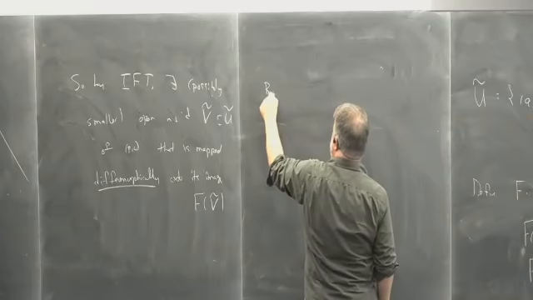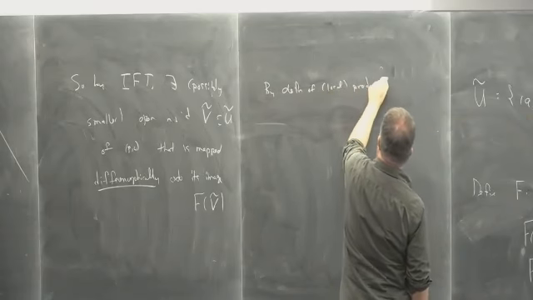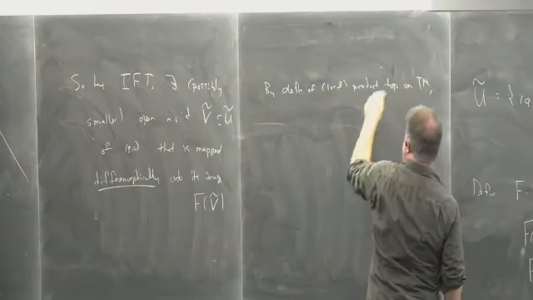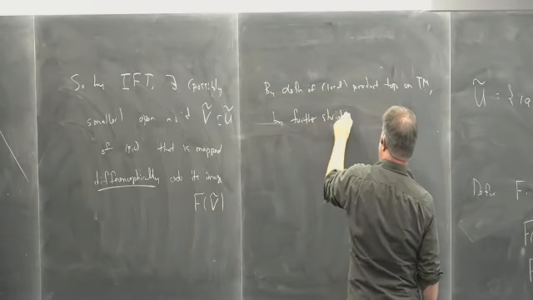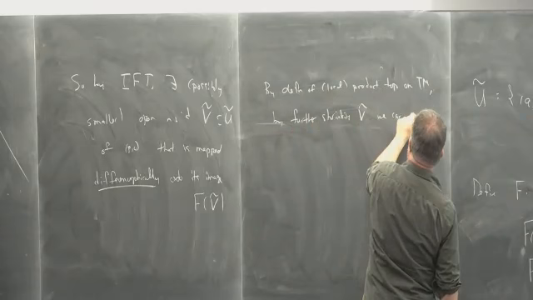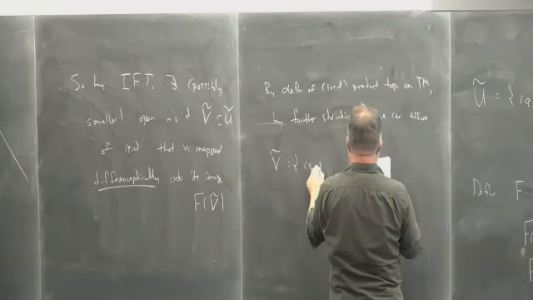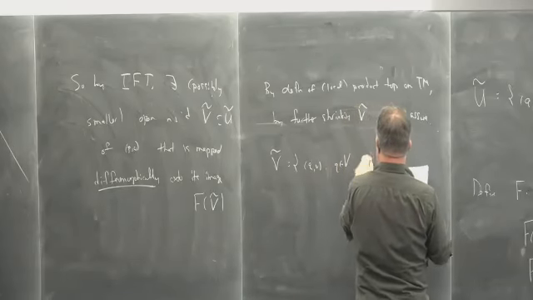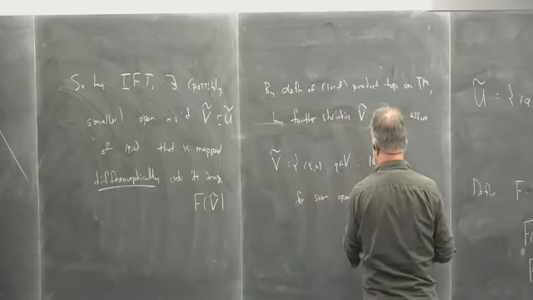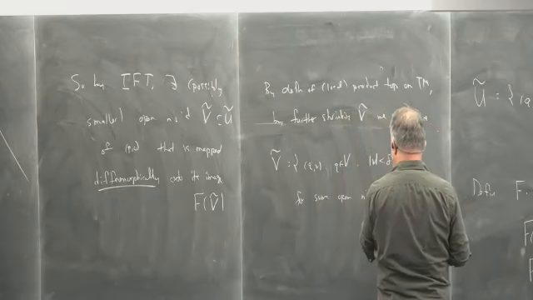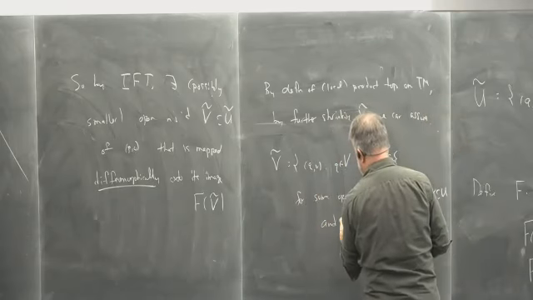So by the definition of the local product topology on TM, by further shrinking v tilde, we can assume that v tilde is of the form q comma v, where q is in v and the norm of v is less than delta, for some open neighborhood v of p with v contained in u and some delta positive.